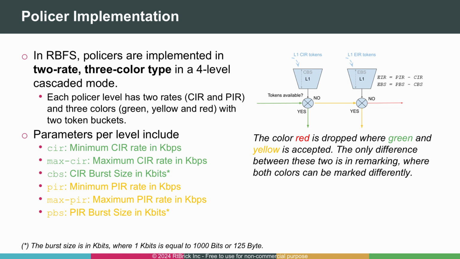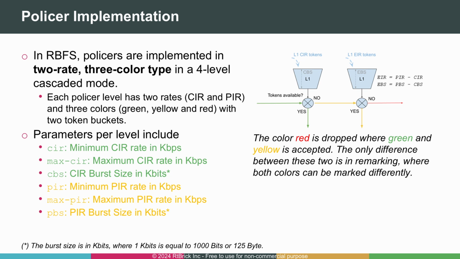Each policer level uses 2 token buckets. The first bucket is filled continuously at the committed information rate, and its size is referred to as the CIR burst size, or CBS. When a packet of size B arrives, the policer checks if there are enough tokens in the first bucket to allow the packet through. If there are enough tokens, the packet is marked green, forwarded, and B tokens are removed from the bucket.